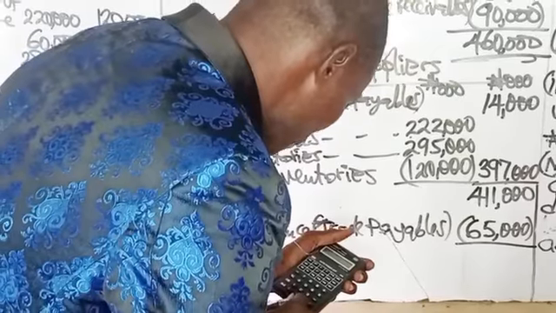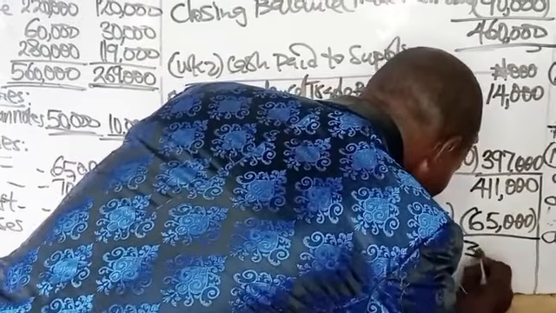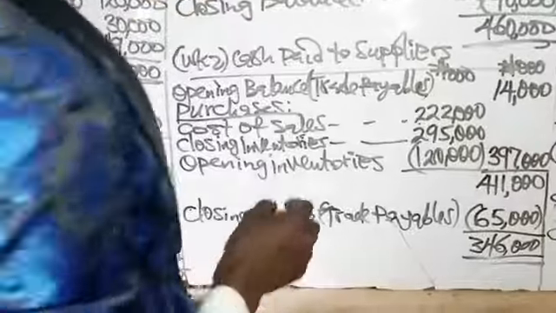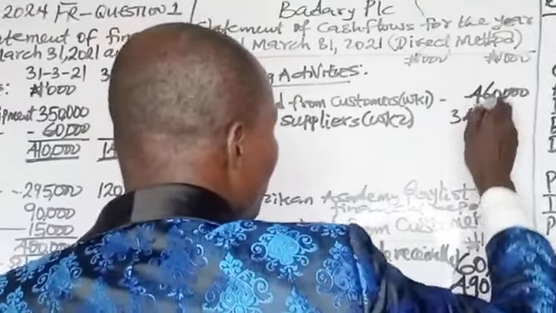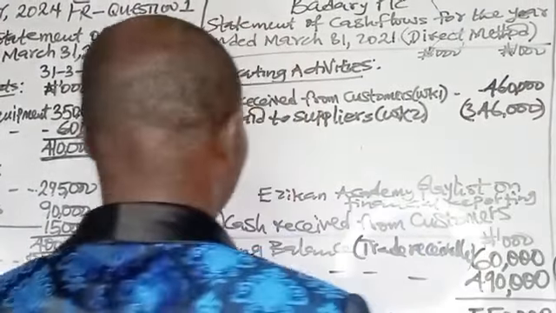So we have 346,000. That is the cash paid to suppliers. You normally subtract that.